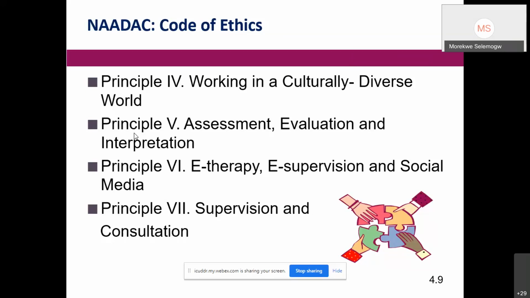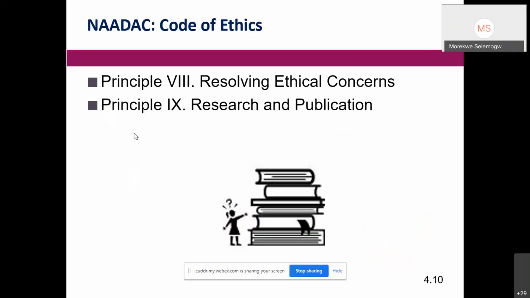And then the next principle focuses on supervision and consultation. Resolving ethical concerns is Principle 8. And the last principle for the NAADAC Code of Ethics is research and publication.